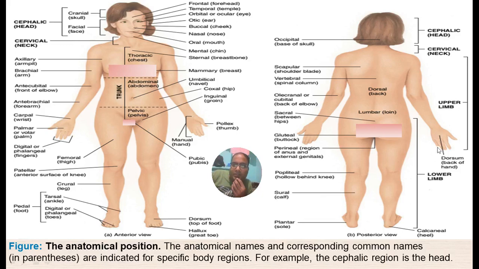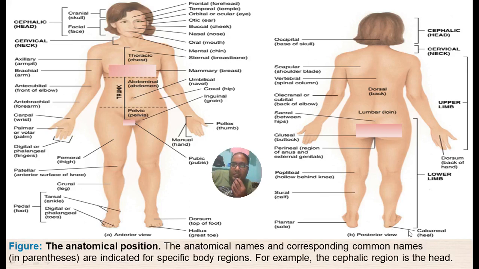So, popliteal, hollow behind the knee, and sural, that is calf, and plantar, that is sole, or calcaneal, that is heel.